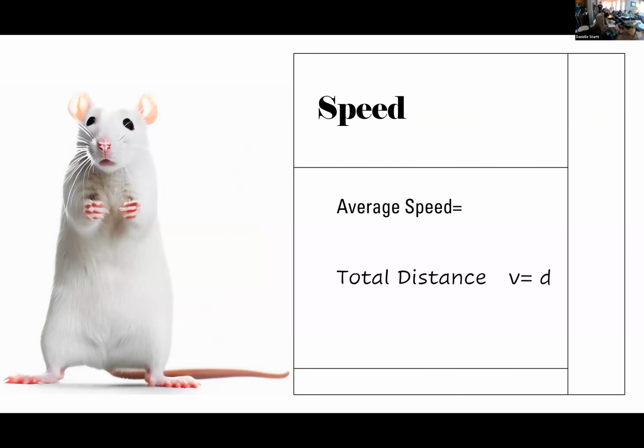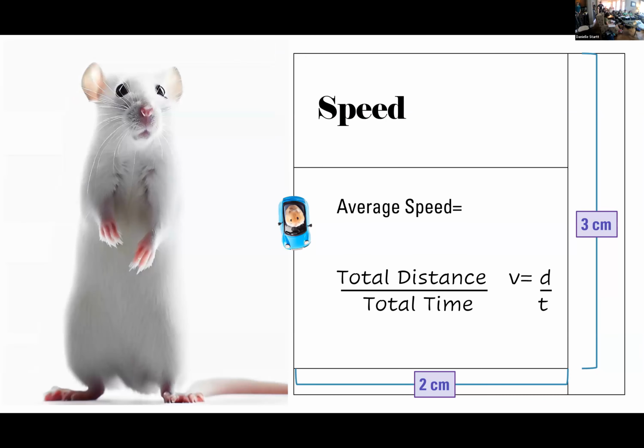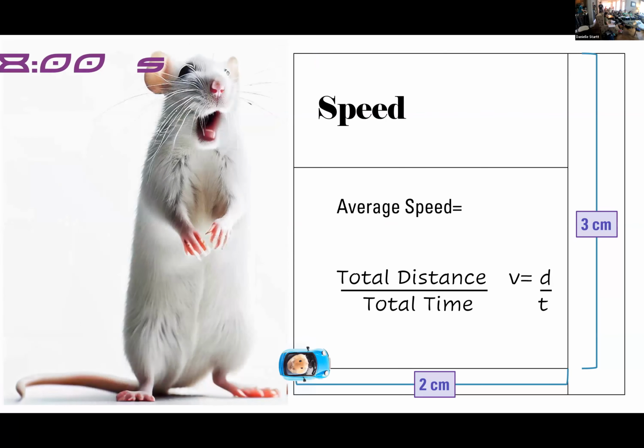Your average speed, there's a formula. Let's say that's 3 centimeters and that's 2 centimeters. Fido is going to start moving here, and he's driving. Now, we can time him. That was 8 seconds.